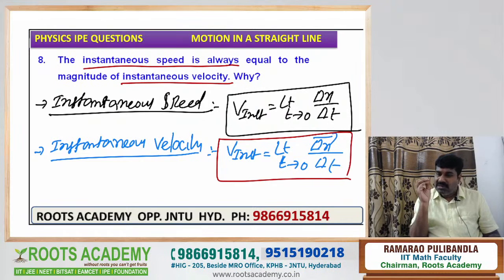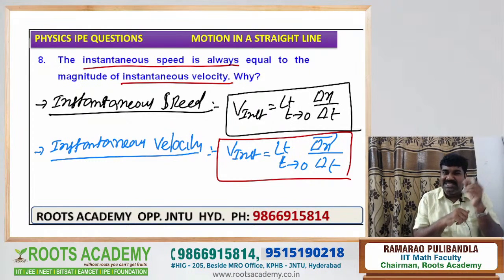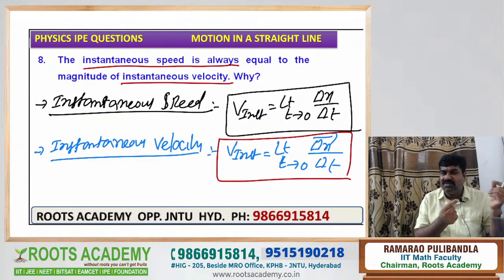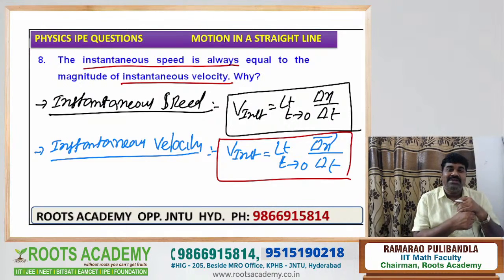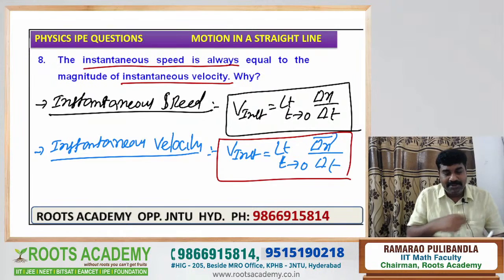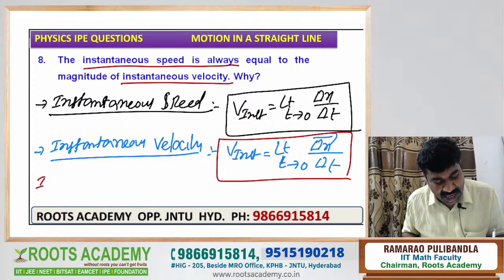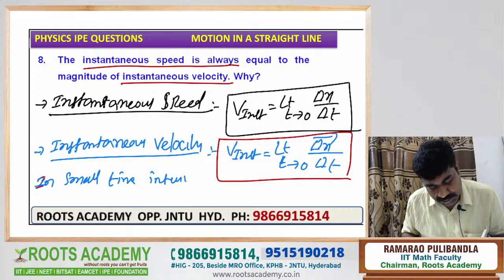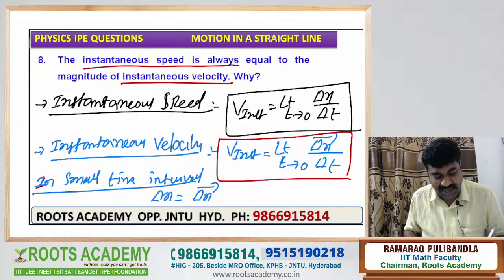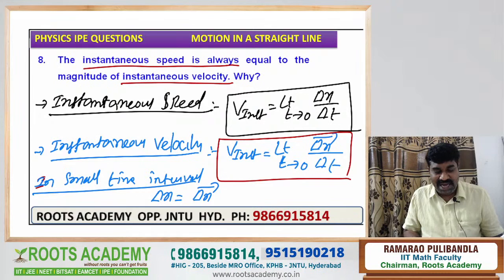Instantaneous speed is the speed at a particular instant of time, and instantaneous velocity is the displacement velocity at a particular instant of time. In a small interval of time, the magnitude of the distance is equal to the magnitude of the displacement. Here distance is equal to the displacement, delta x is equal to delta x dash.